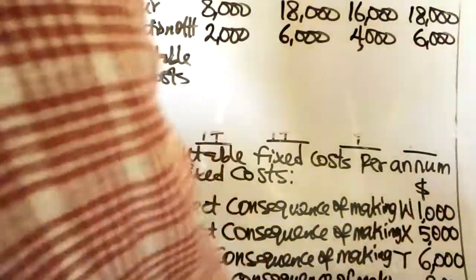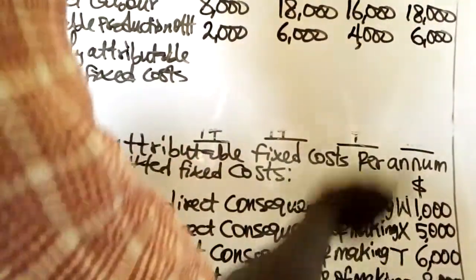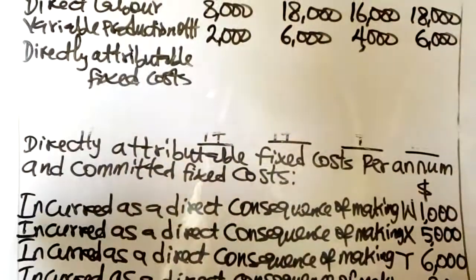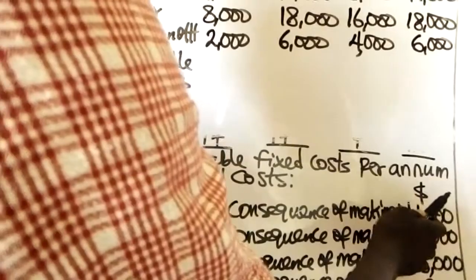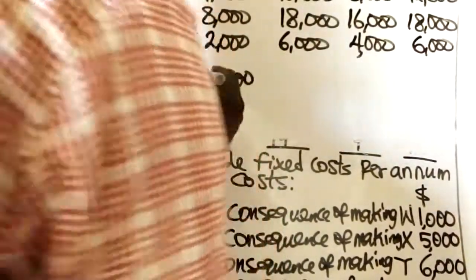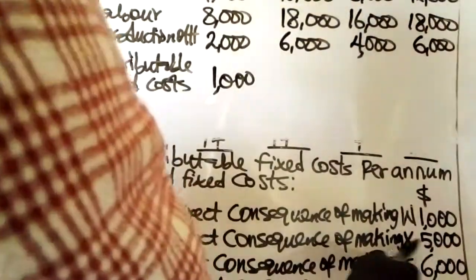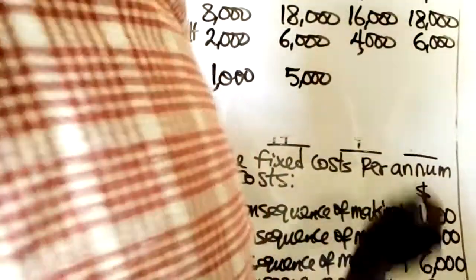Since they were incurred as a result of making those products, they are specifically related to the production of those products, so they will be relevant. The one incurred as a result of making W is 1,000. As a result of making X, 5,000. As a result of making Y, 6,000.